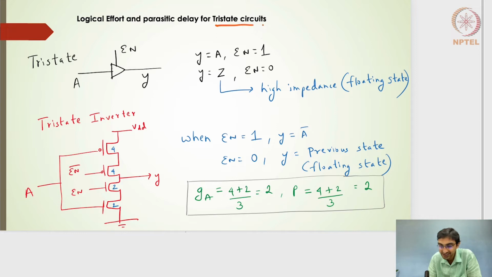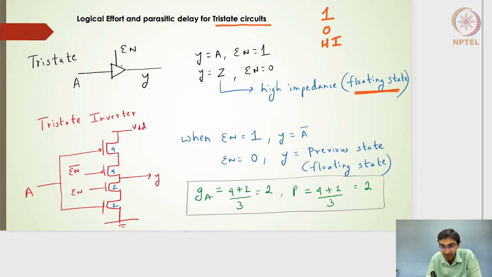So what is a tri-state circuit? Tri-state, as it is defined, consists of 3 states, right? One is the high state, another is the low state, and the last one is called the high impedance state, which also means a floating state. We'll come to it.